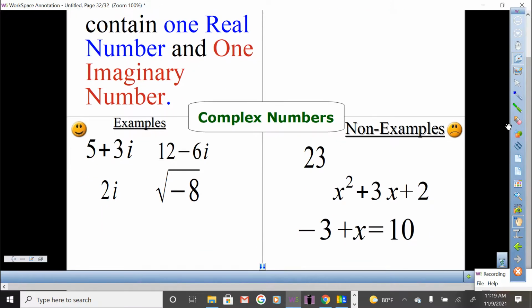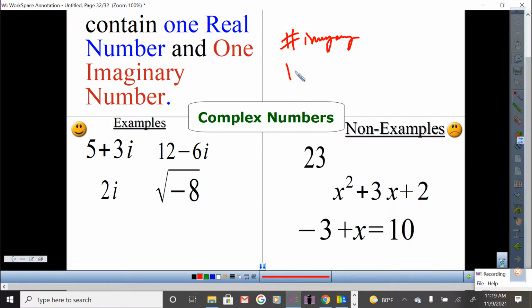Doesn't have an imaginary, therefore what would be our first hashtag, everyone? Imaginary. Yes. What else? Hashtag what? Real plus imaginary. Nice and neat like mine, yes?